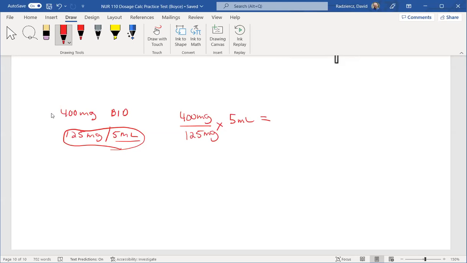But we don't care necessarily about how much they're giving per day. We just care that they're receiving the appropriate quantity per dose.